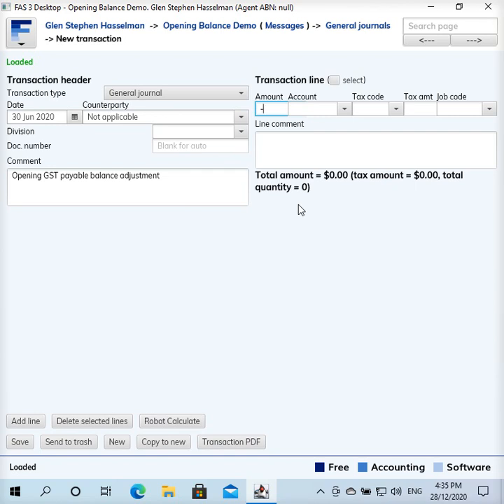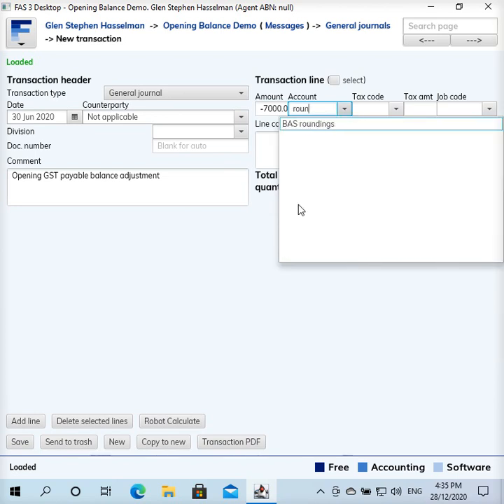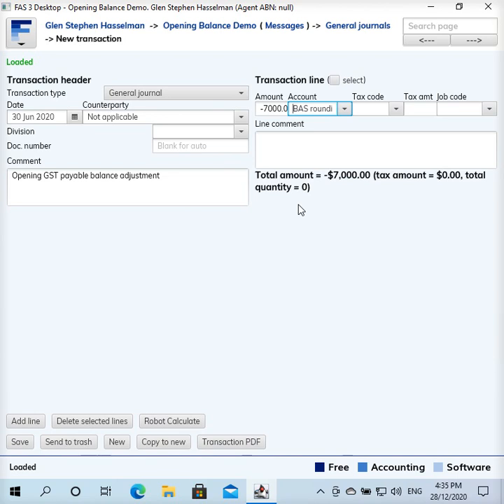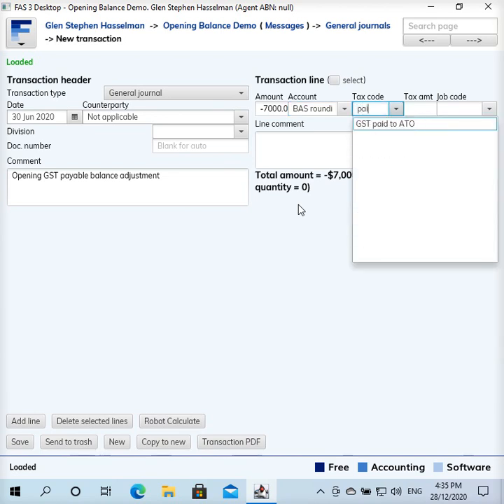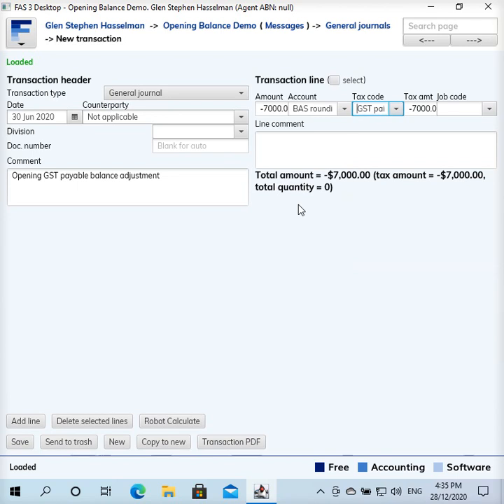So on the general journals, credits are minuses. So let's say it's $7,000. Now this is where we use the BAS roundings account, and the GST paid to ATO. So this is not actually a GST that has been paid to the ATO. We're just using that tax code to get the balance into that GST payable account.